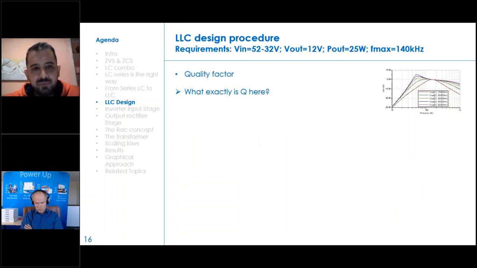Big source of confusion here as well. What about the quality factor? We understood that by sweeping the load, we have two resonance peaks. In the related literature, the Q factor is more commonly expressed in terms of the higher resonance.